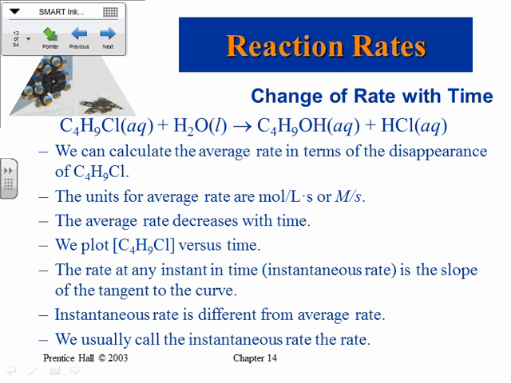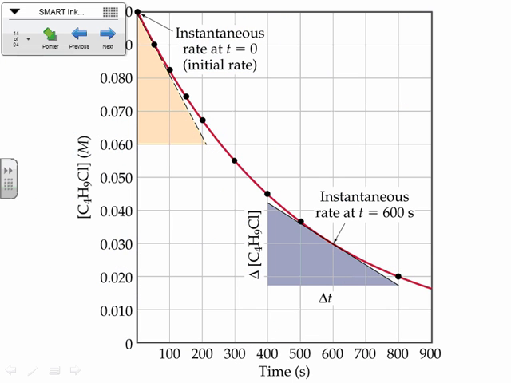They're just graphing this thing versus time, and you get a graph like this. And so then what you can do is draw a tangent to the curve at any point, and the slope of that tangent line is going to give you your rate. This is fun math stuff here. So that's how you get your instantaneous rates, okay?